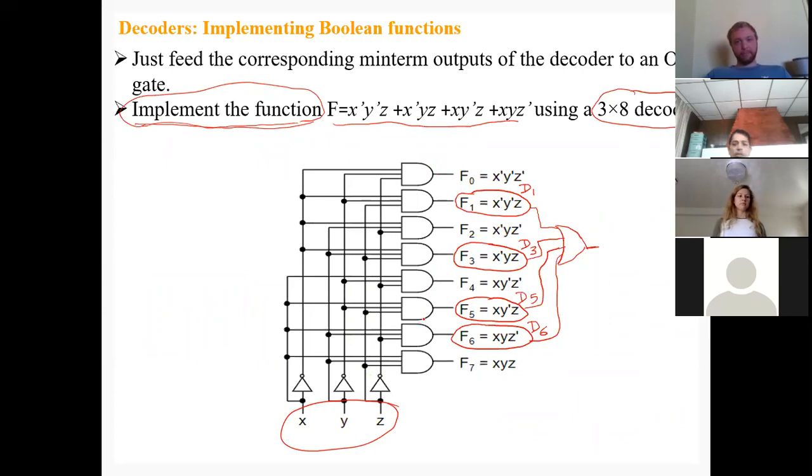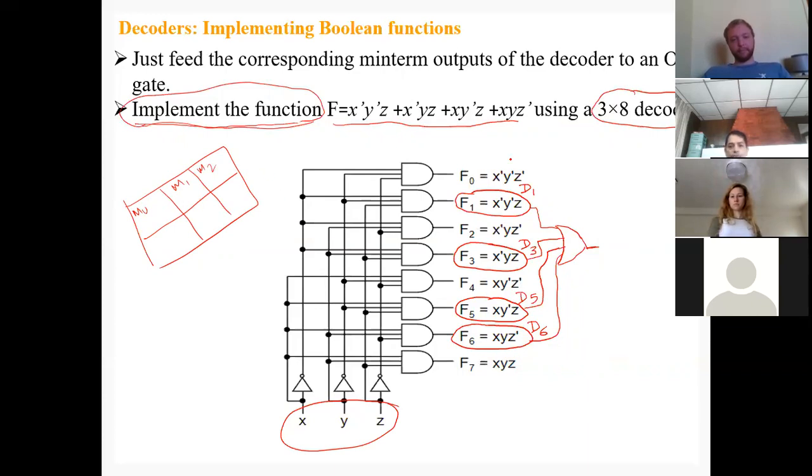So what do those outputs represent? Again, minterms. Remember, in the K-map, what was there? M0, M1, M2, those kinds of things.